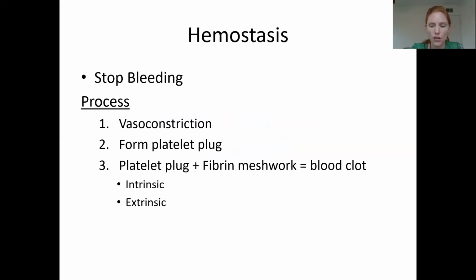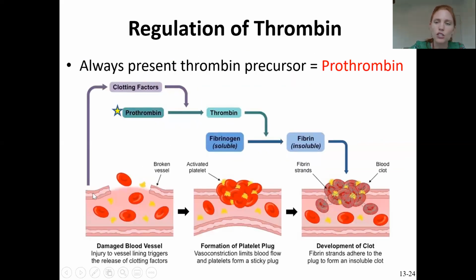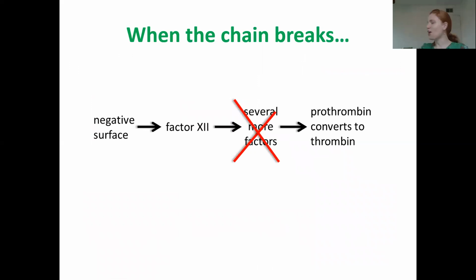Okay, so I want to quickly go back to this picture here. You have the release of the tissue factor, which goes to factor 10, that's the X, that then activates the prothrombin, turns it into thrombin, that then allows the fibrinogen to be converted into fibrin, and that's what reinforces that clot and allows you to form a full blood clot.